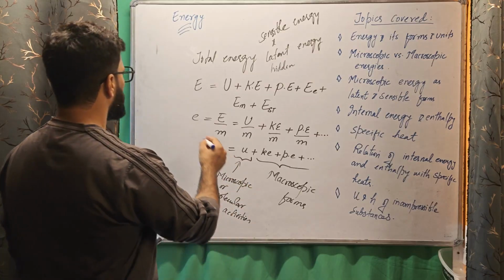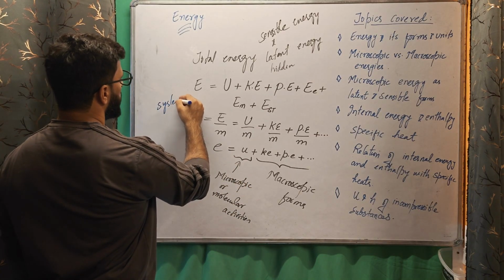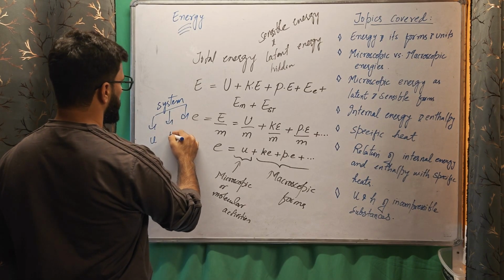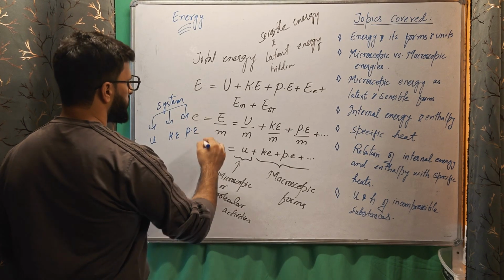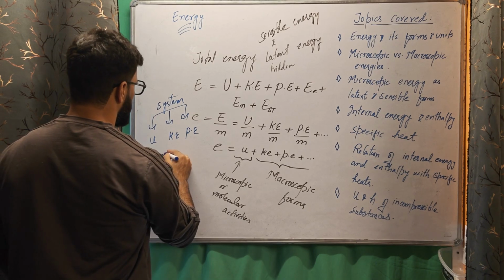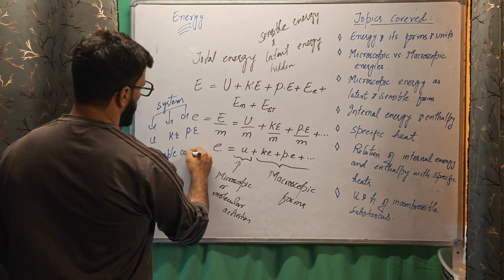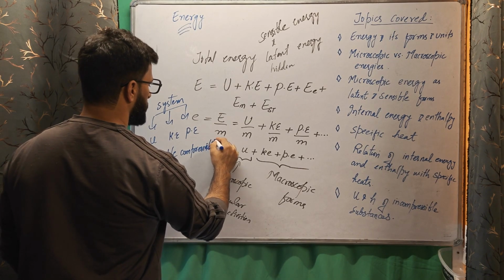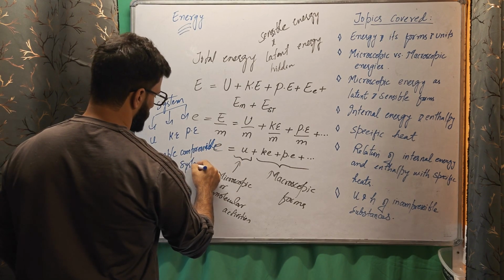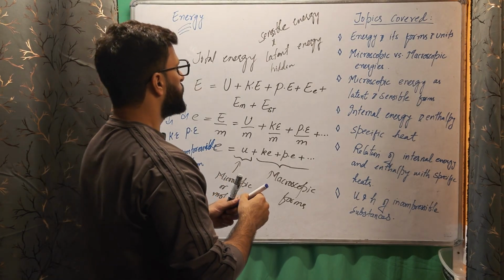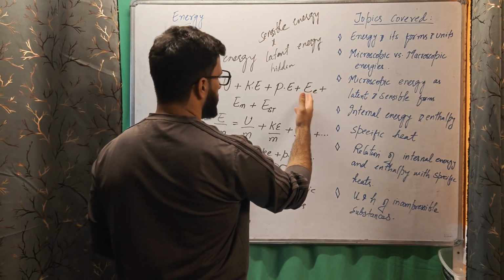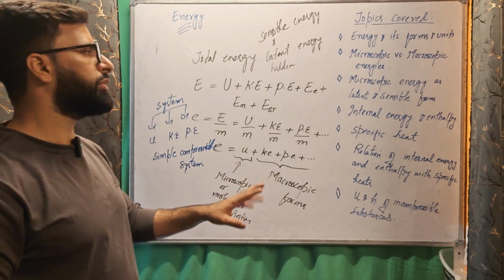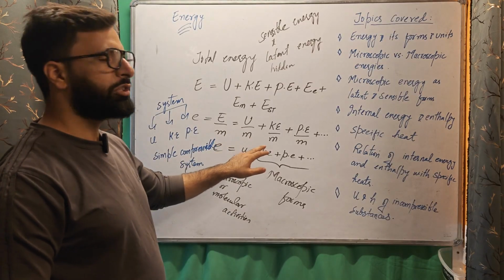Now suppose we have a system in which there are only three forms of energy: internal energy, kinetic energy, and potential energy. Such a system is called a simple compressible system, as I have said before. So it is a system that does not have electrical energy, magnetic energy, surface tension energy, or other forms of energy. It just has three forms of energy: internal energy, kinetic energy, and potential energy.